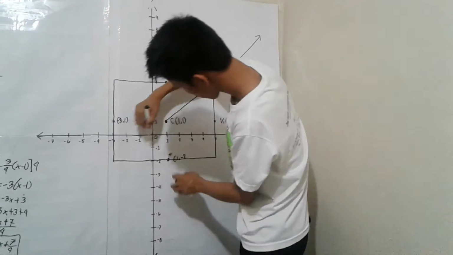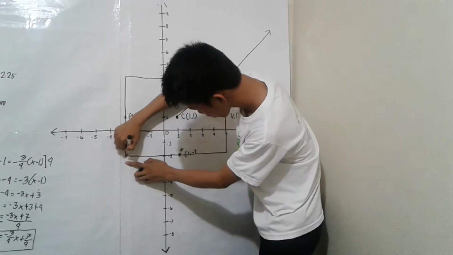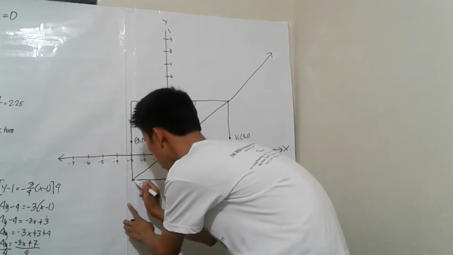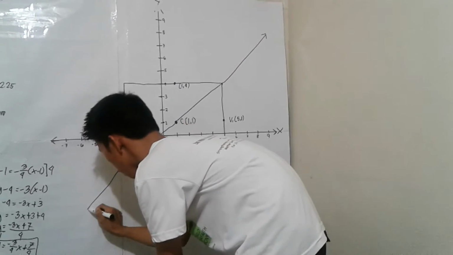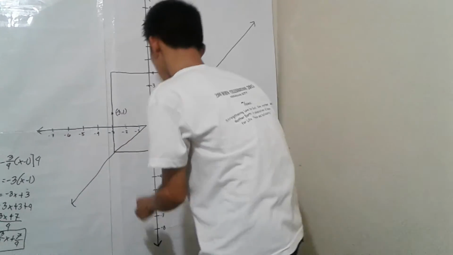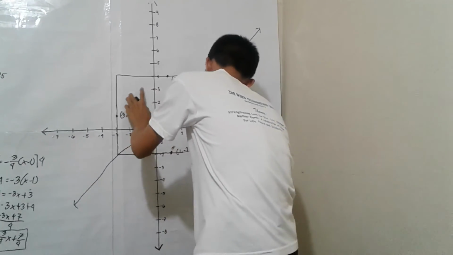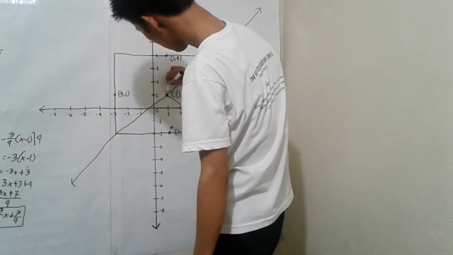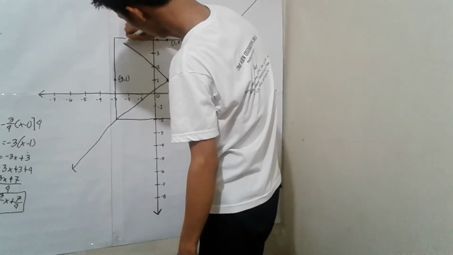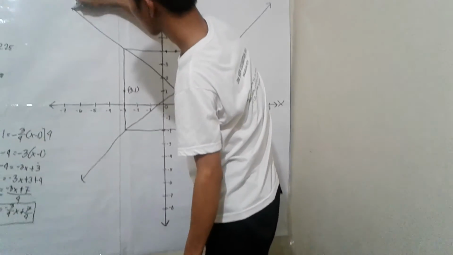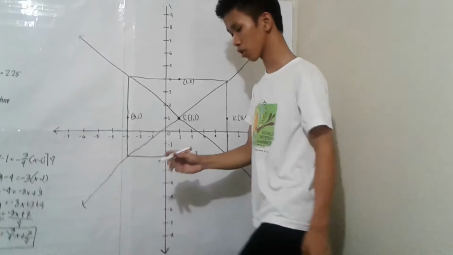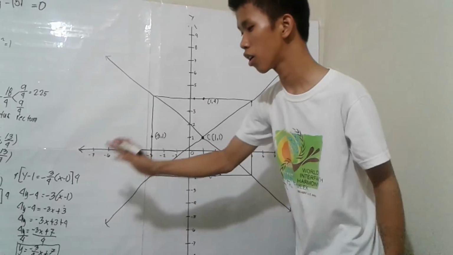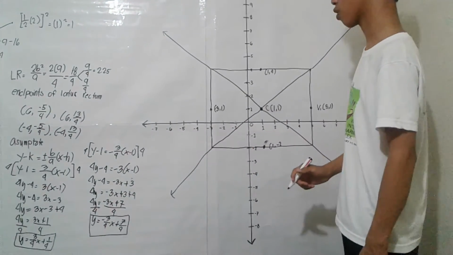So from downward to upward, we use the asymptote which is in positive sign.